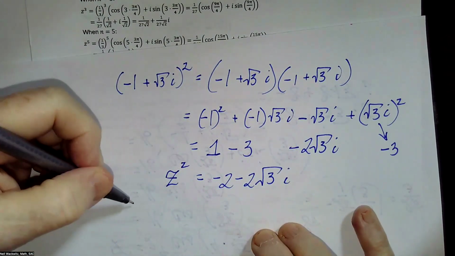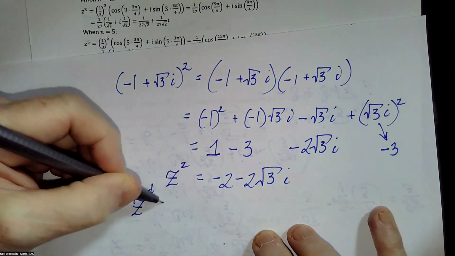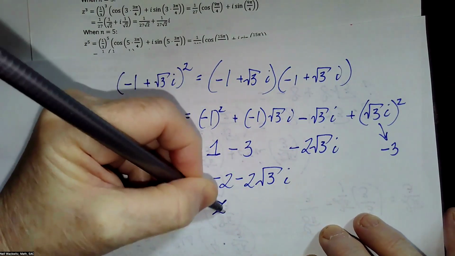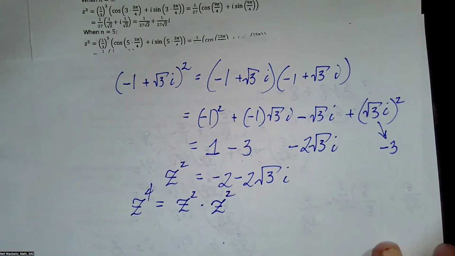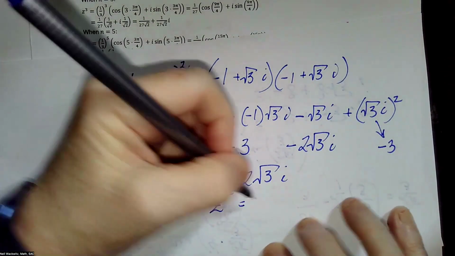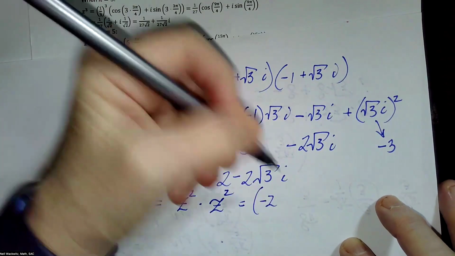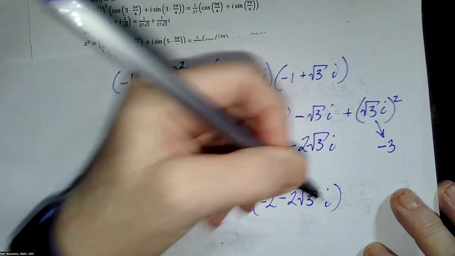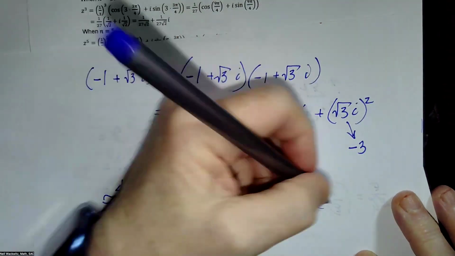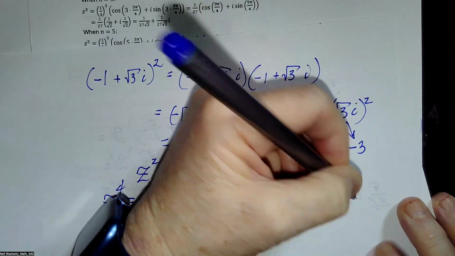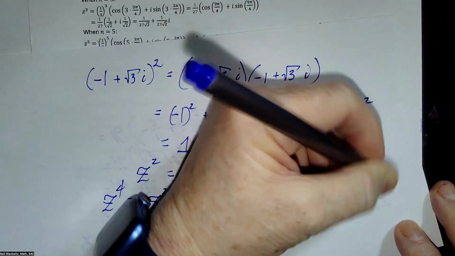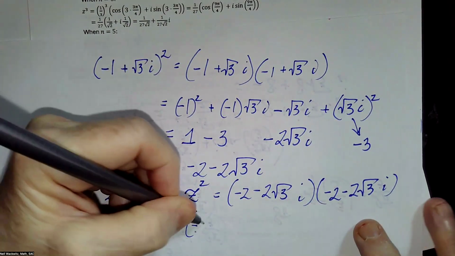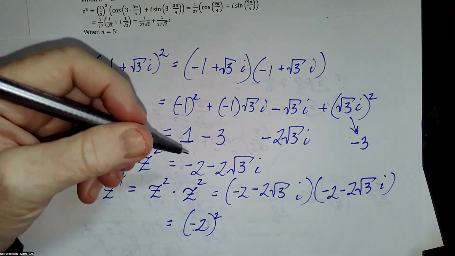We wanted to find z to the 4th. So I'm just going to multiply z squared by itself. So negative 2 minus 2 square root of 3i. Okay, and then this time we've got negative 2 squared.